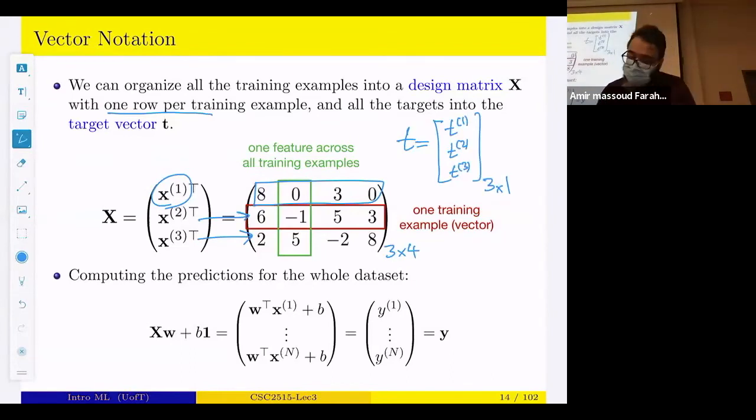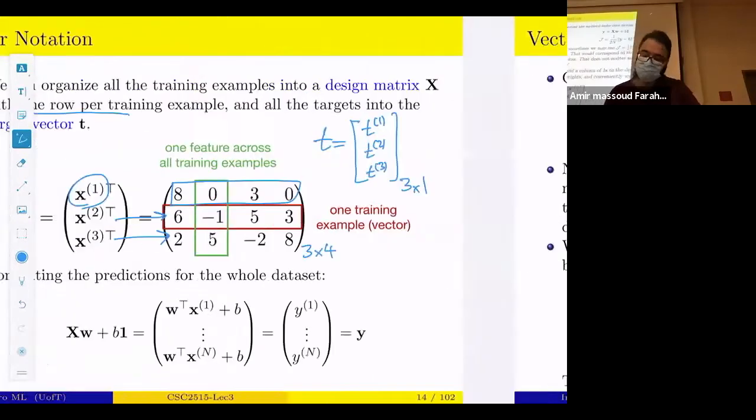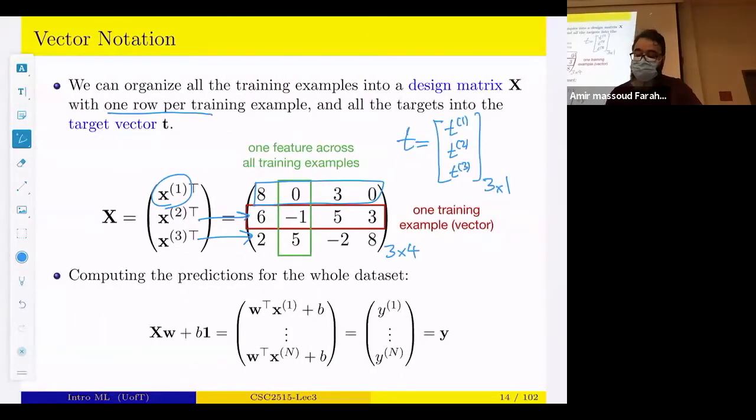Then we can write the whole model, the prediction, for all data points, like the 3 data points that we have, as the multiplication of X times w plus b multiplied by a vector of 1s. So X would be 3 by 4 in our case, and the result would be 3 by 1, which is our prediction y.